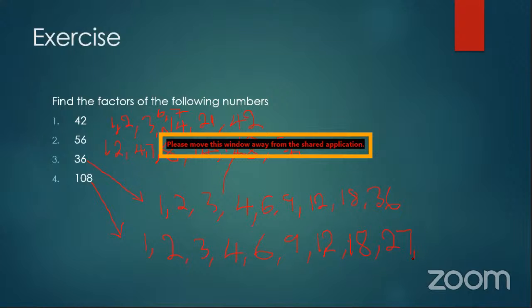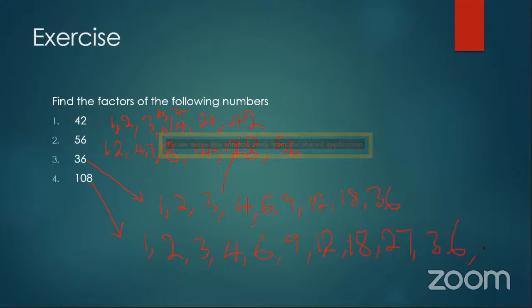When you divide, you get a whole number, not a decimal. Then 36, 54, and 108 itself. Okay.